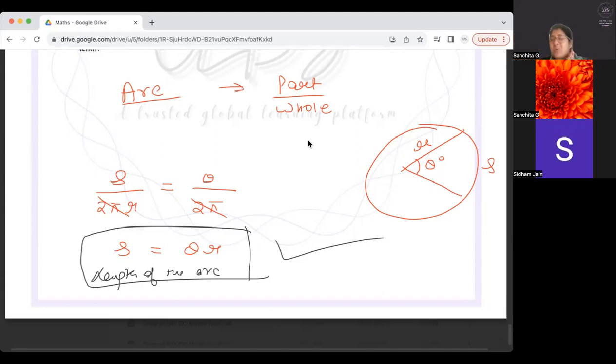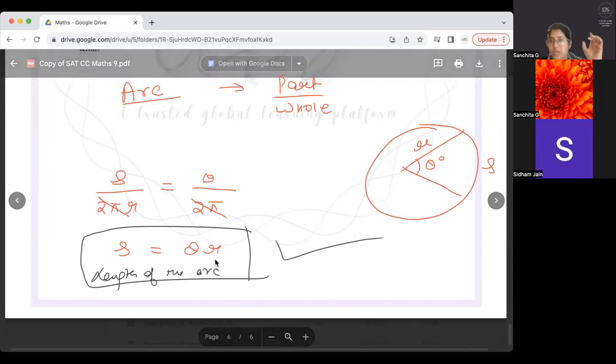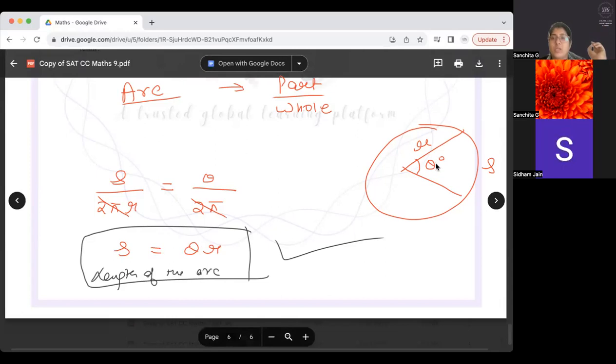So let's try to cut down on the formulas. In our questions, try to use part over whole. I personally like part over whole better as compared to this formula. But if you're aware of this formula, sometimes in the exam you can immediately answer.